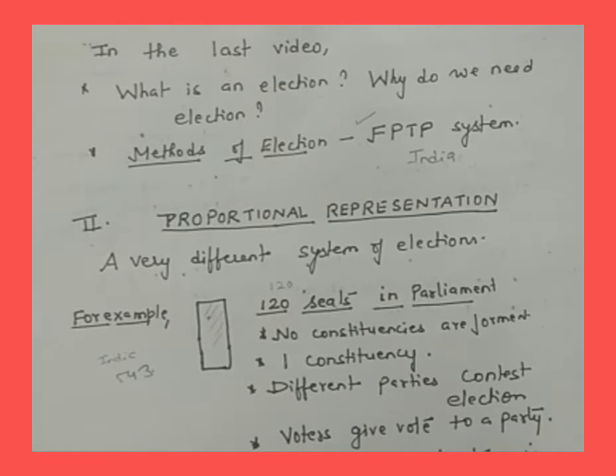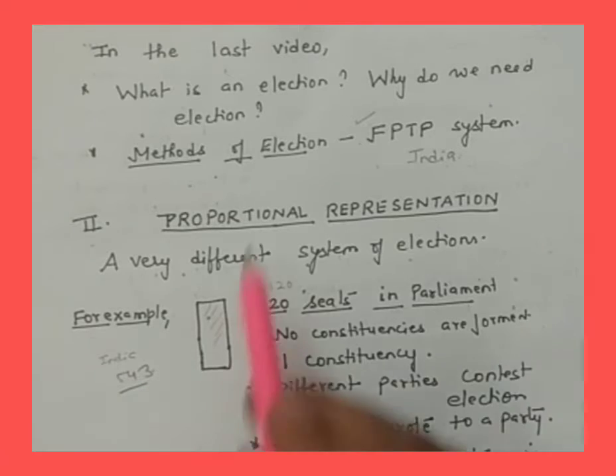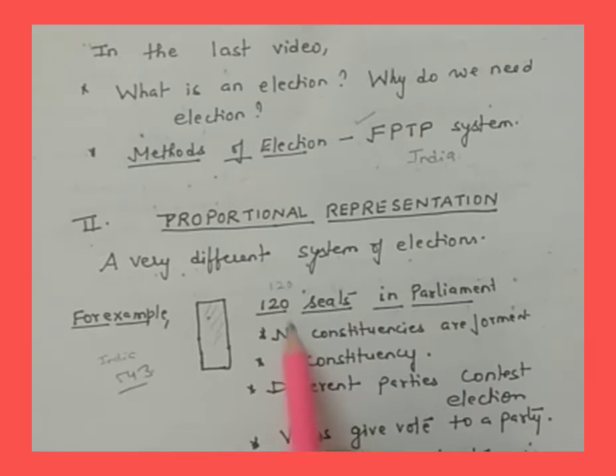So how many constituencies is India divided into? 543 only. But in proportional representation, there are 120 seats in parliament. This is just an imaginary figure. And in this system, no constituencies are formed. That means this whole country is treated as one constituency.